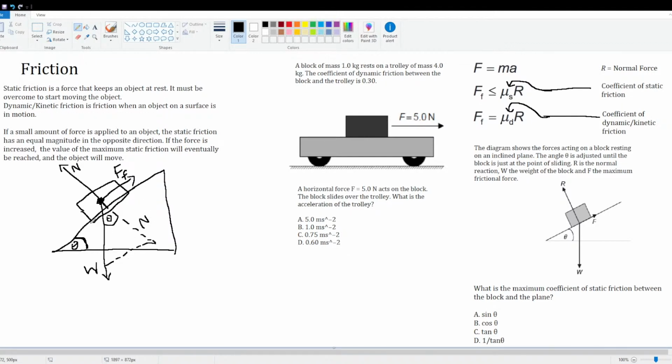So now that we have this, we have this mapped out nicely. Let's say it was asking you for the force of friction, what is the magnitude of the force of friction? All right, well, we can find that. Remember this arrow here, we're equivalating that to this side of the triangle. And so if we have our angle here, we're always going to know, assuming we know what the mass of the object is.